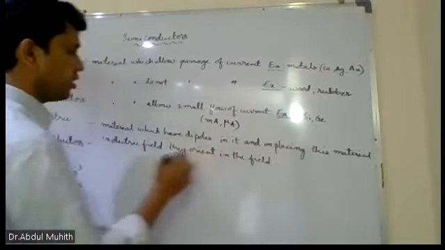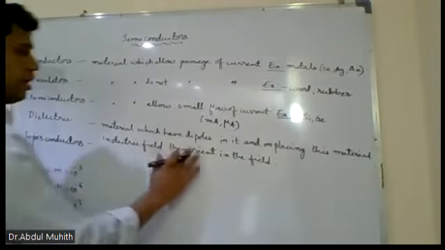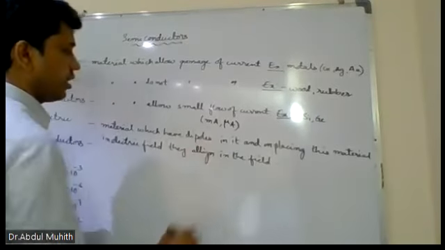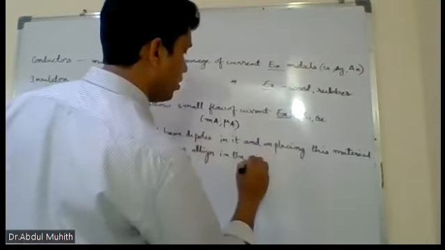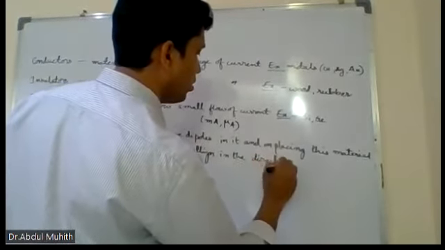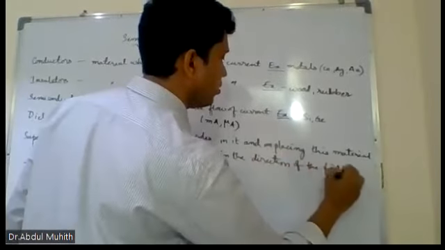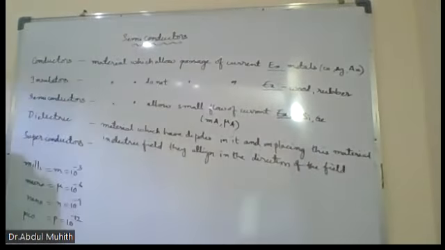That means they align in the direction of the field. A material which has dipoles in it, when placed in an electric field, aligns in the direction of the field.